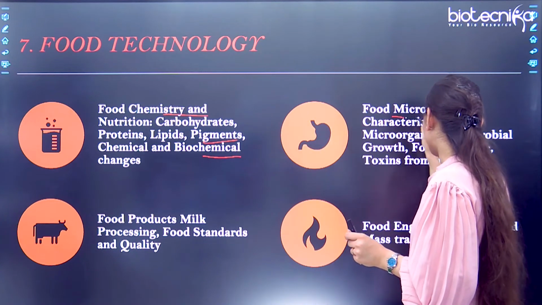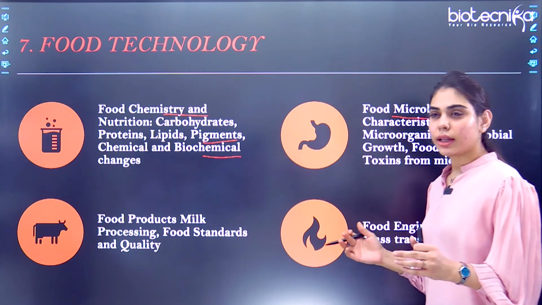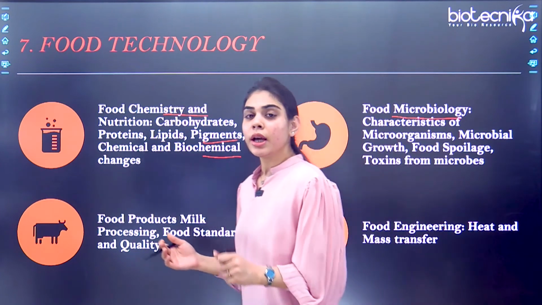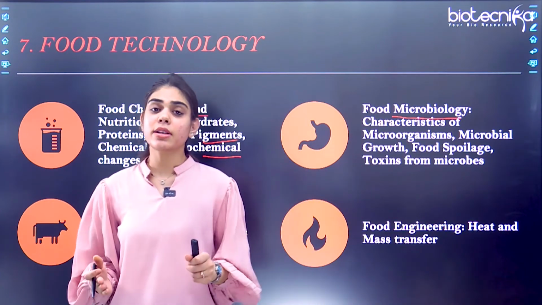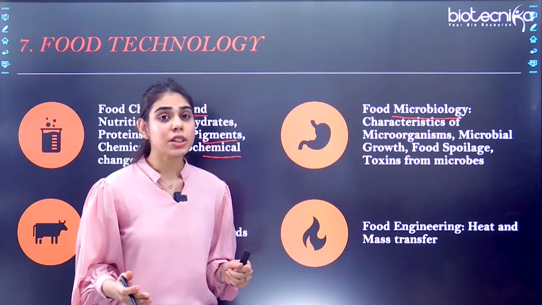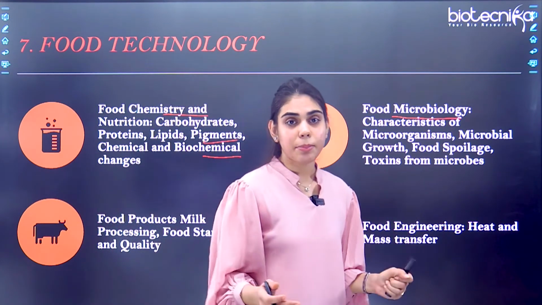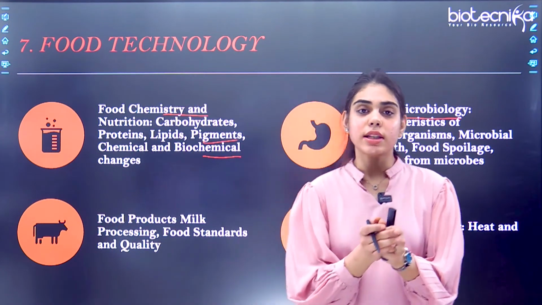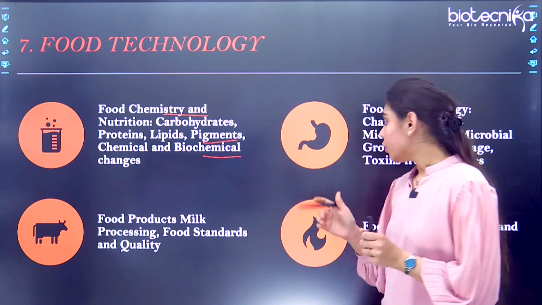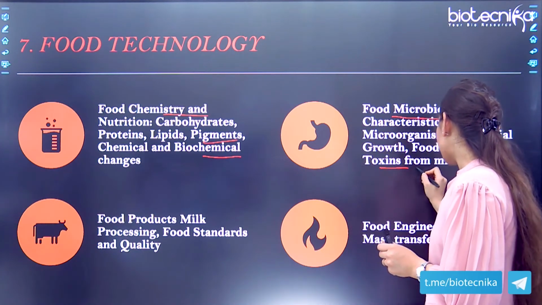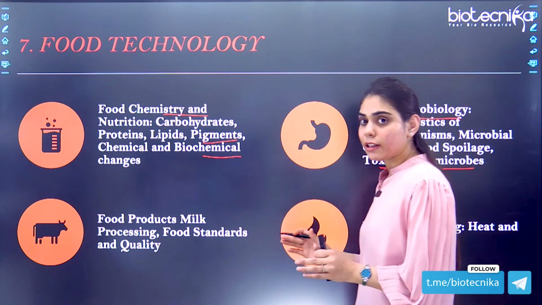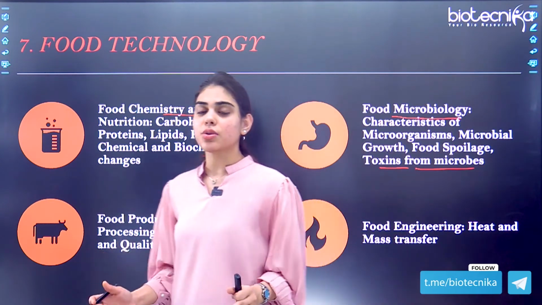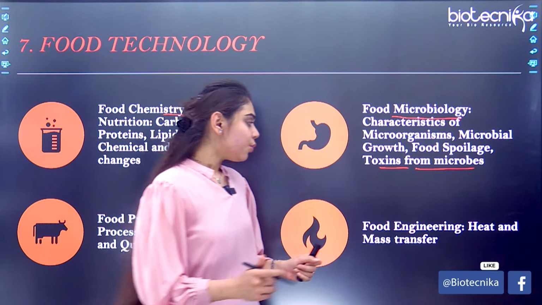Second is food microbiology, which focuses on the characteristics of microorganisms, how microbial growth takes place, how spoilage of meat and milk happens, how microorganisms cause spoilage of these foods, and what the different types of toxins secreted from microbes are, whether exotoxins or endotoxins. Then food engineering.